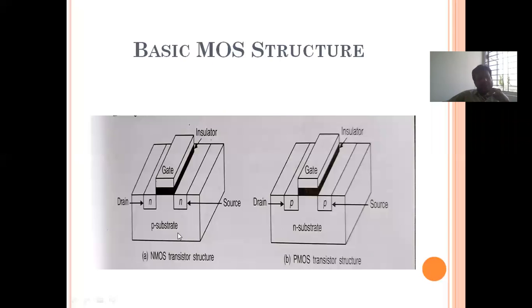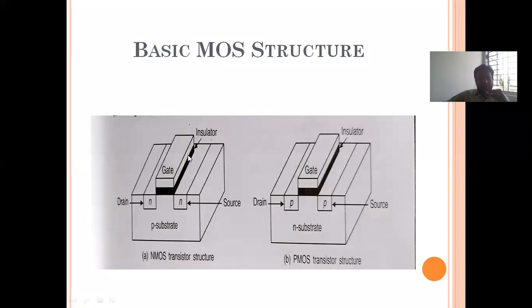Okay, substrate is the moderately doped region, whereas the N plus or the diffusion is the highly doped region. Sandwiched between these two highly doped regions, the insulator is there, that is the material SiO2.